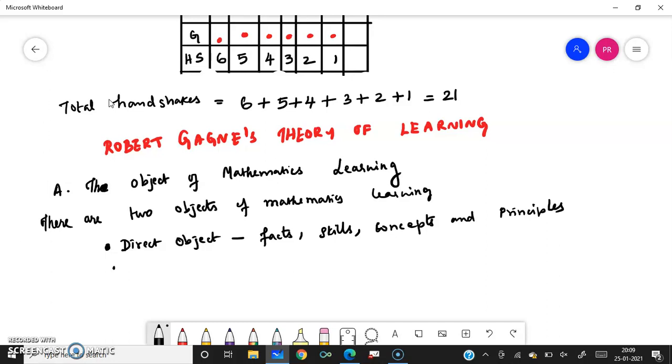Next we talk about the indirect objects. What are indirect objects? There are direct objects, in the same way there are indirect objects.